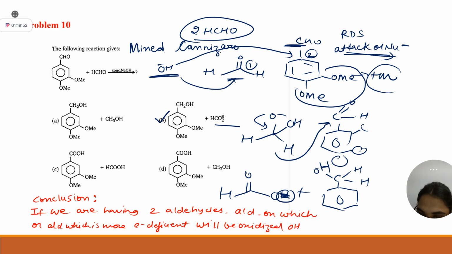Correct or not? Are you with this statement? The other aldehyde will be reduced. Are you all with me for this statement? If we are having two aldehydes, the aldehyde which is more electron deficient will be oxidized and the other aldehyde will be reduced.